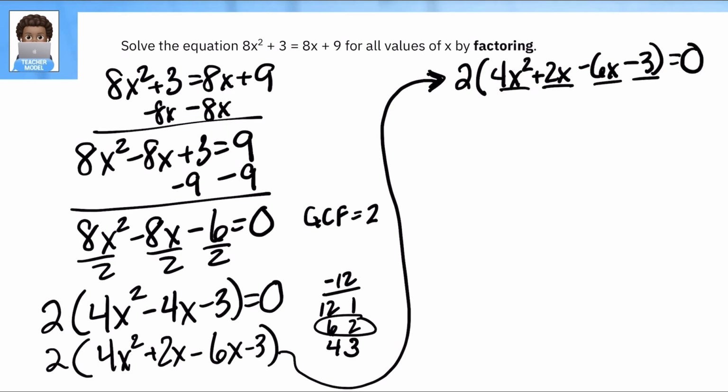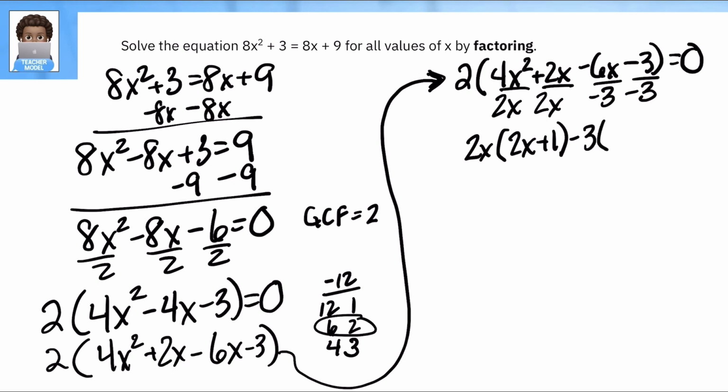And now let's factor. So for this part, 2x and negative 3. And this will leave me with, on this end, 2x plus 1 and negative 3.